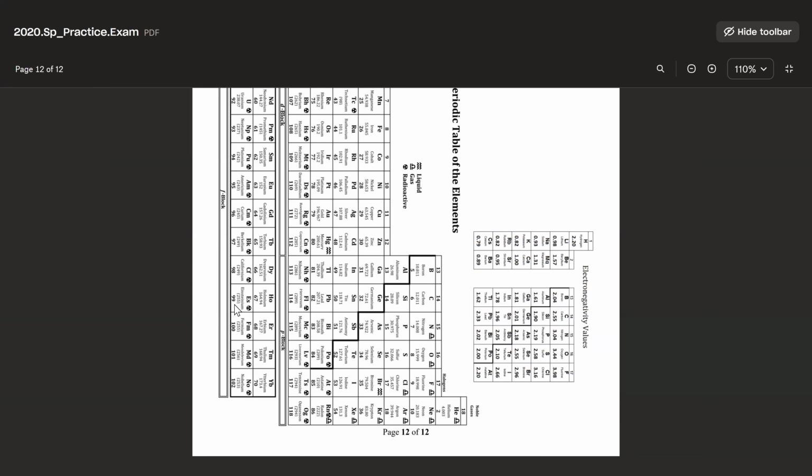But if the first thing you did when I handed you a test was you went to the periodic table and you started coloring in things or writing notes back on it, that's fine. I don't mind that. You just have to have the specific notes you want to write on it memorized for 10 minutes while you wait for me to hand the test out. And then you can write it on there yourself. I'm just not going to let you take a whole page of notes for the test.